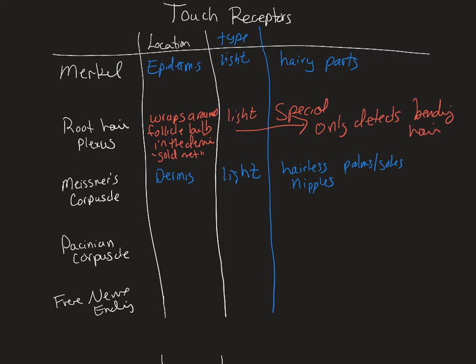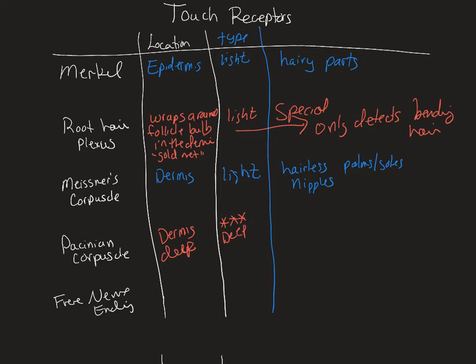Okay? Now, Pacinian corpuscles are very different. In terms of location, they are found in the dermis, and usually pretty deep in the dermis, so getting closer to where the hypodermis is. Sometimes they can actually sneak down into the hypodermis. What's important about them is that they are a different type of touch receptor.